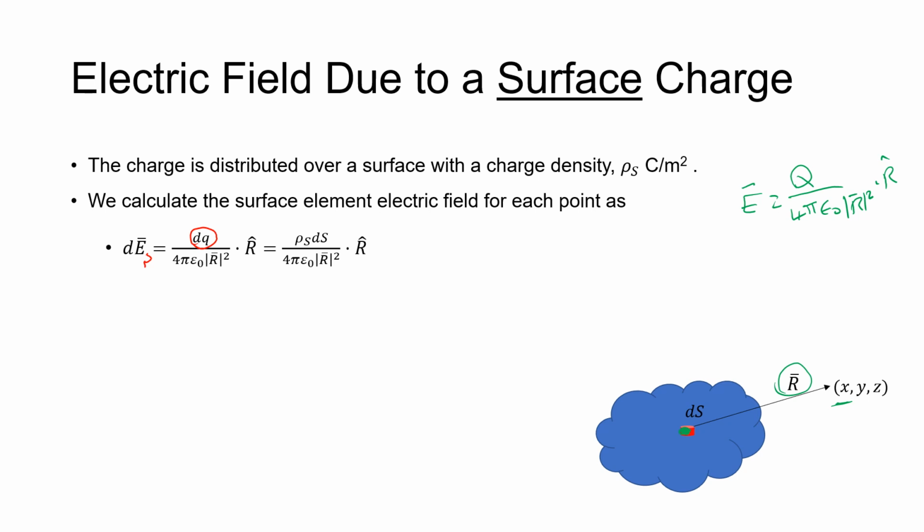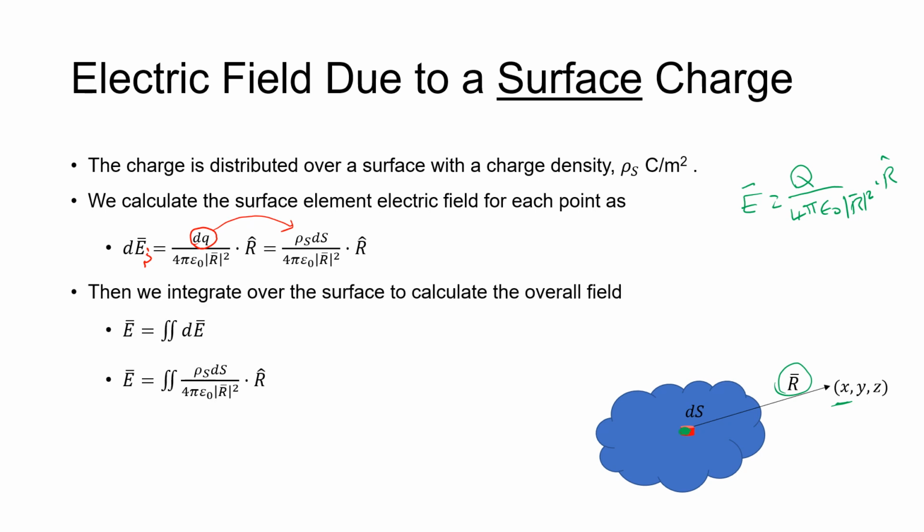This means that this one is dE over the surface, and then we replace dq by its equivalent, rho s ds. Then to get the overall field, we just do the double integral, this time over the surface. Finally, you will get this equation that E is equal to the double integral of rho s ds over 4 pi epsilon naught magnitude r squared, in the r hat direction.